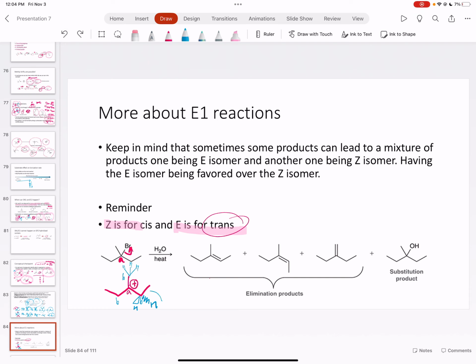And this goes all the way back with E2 reactions. Remember that when we have a hydrogen wedge and a hydrogen dash, it means that we're possibly going to be able to get cis and trans. So we're going to get cis and trans products.